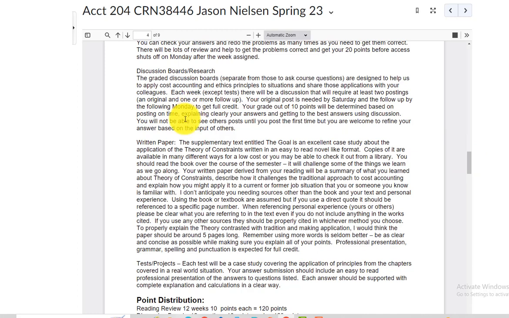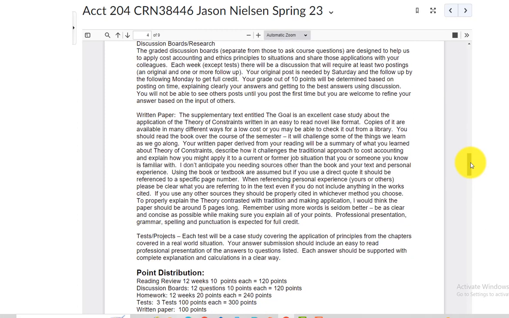The discussion board will require you to make 2 posts, an initial post and a follow-up post, following the instructions in the discussion board, making sure that you're clear and that you write full sentences and that you explain yourself and respond to others in a positive way. Your first post is due by Saturday, the follow-up post due by the following Monday.